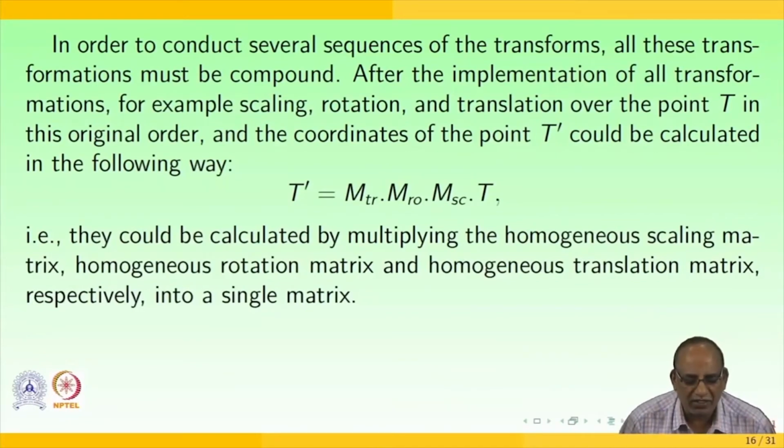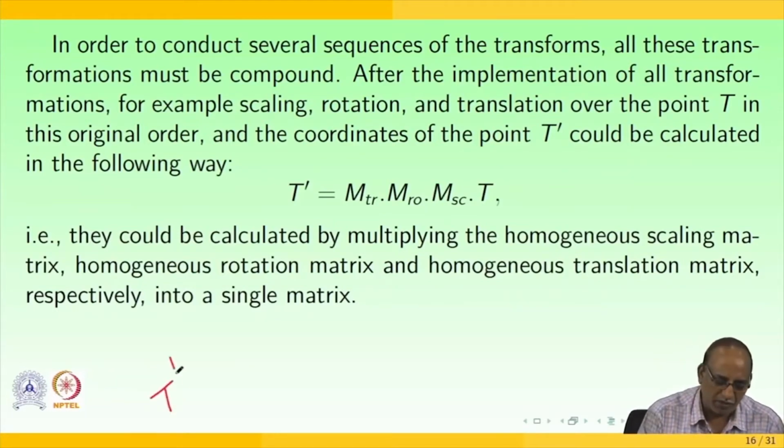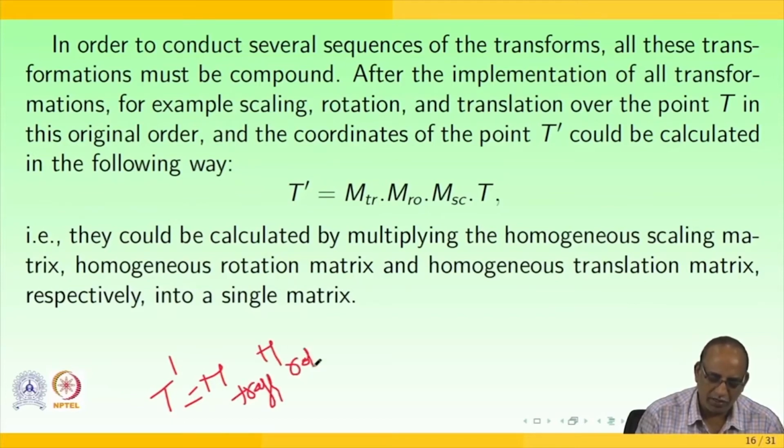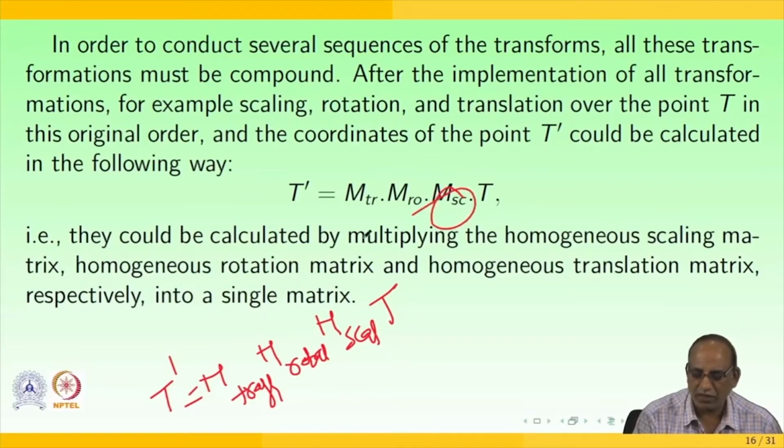In order to conduct several sequences of transforms, you will have T prime equal to M translation, M rotation, M scaling multiplied with T, that is scaling and also the shearing.